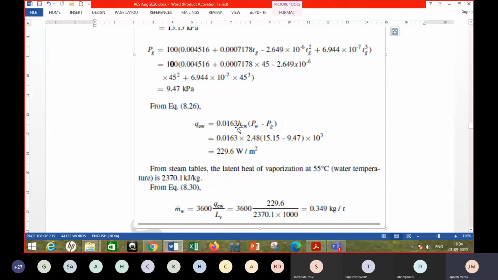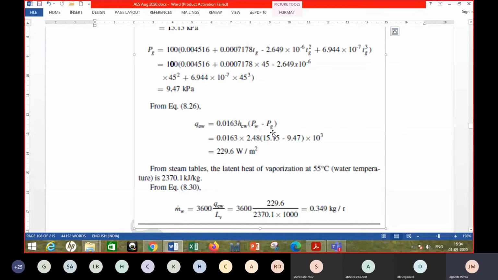QEW is equal to 0.0163 hCW, that is convective heat transfer coefficient for water, times (PW minus PG). PW is the water vapor pressure. Both of them are water vapor pressure. W is the pressure at the surface of the water in the solar still, and G is the equivalent water vapor pressure at glass temperature.